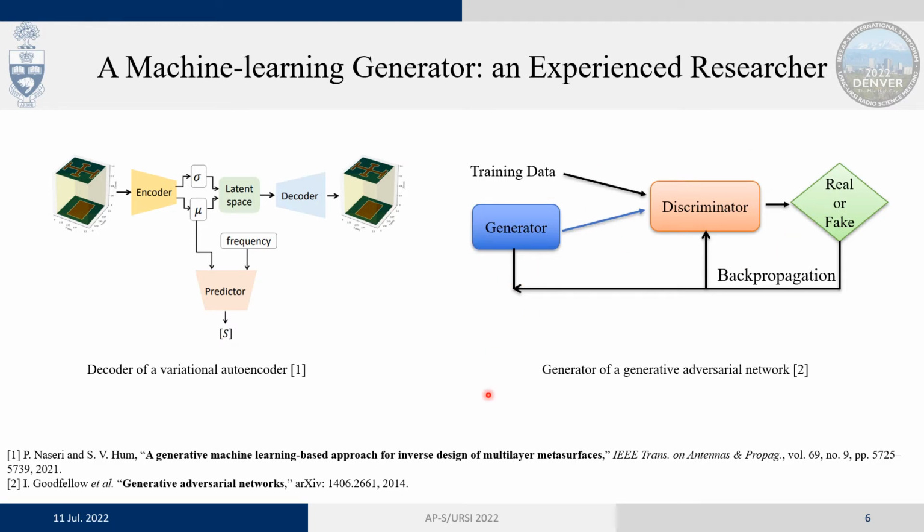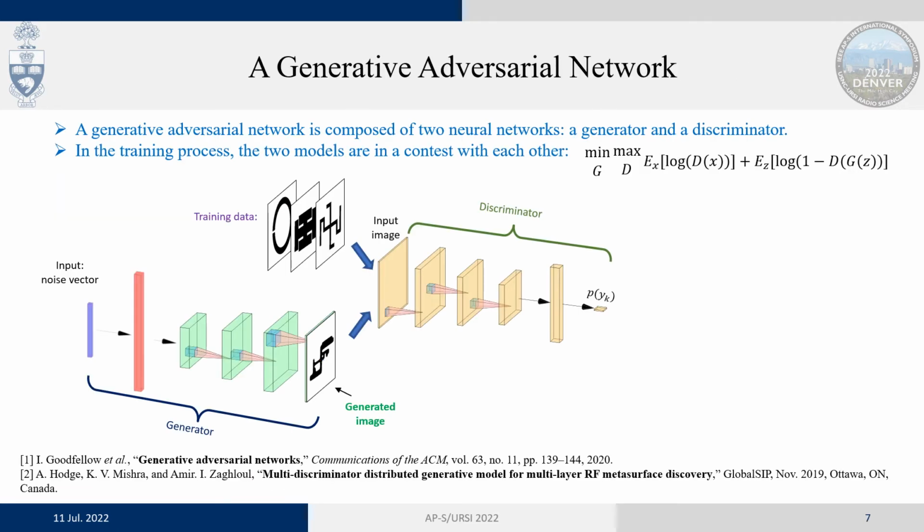Based on our experience, due to the demands of this project, we used a generative adversarial network because it can offer a more diverse set of scatterers and explore the design space more thoroughly. So we decided to go with a generative adversarial network to train the generator.